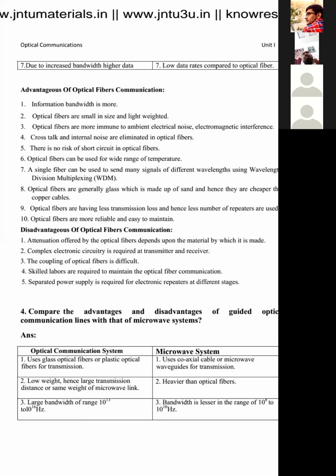Attenuation is caused due to absorption and dispersion. We have studied material dispersion, intermodal dispersion, chromatic dispersion. One of the disadvantages of optical fiber communication is that it suffers attenuation.